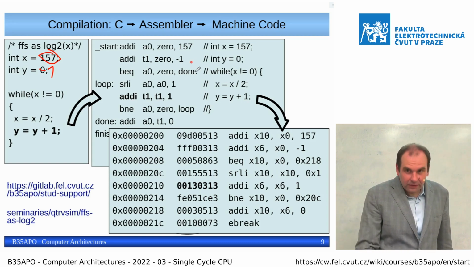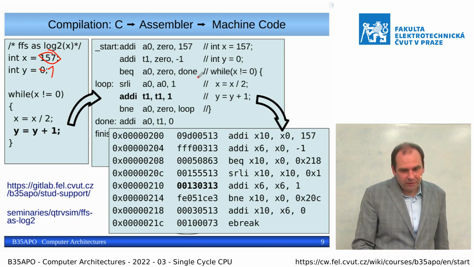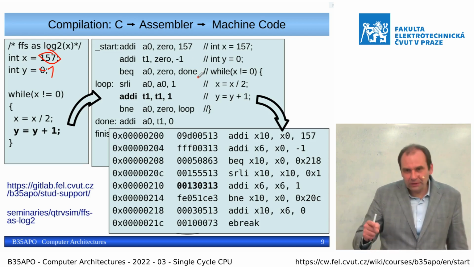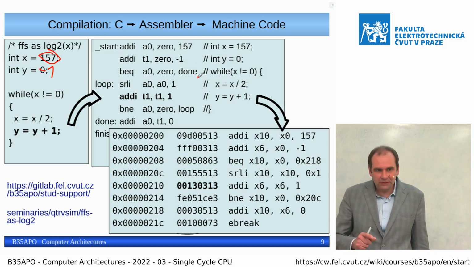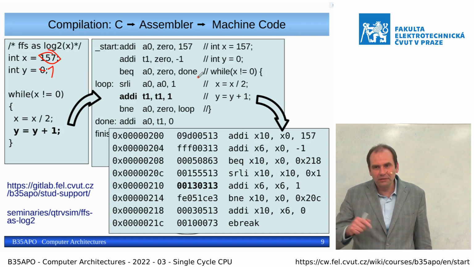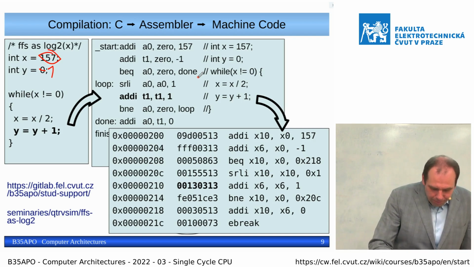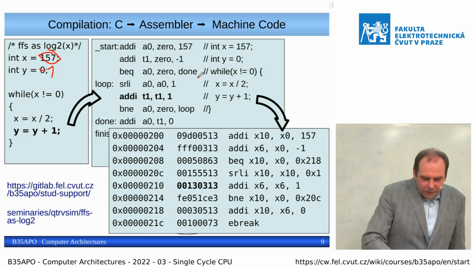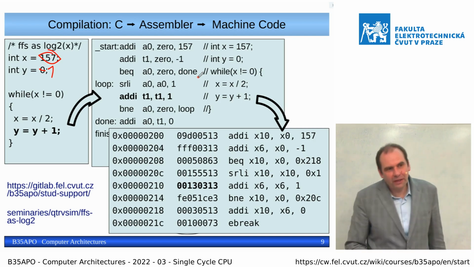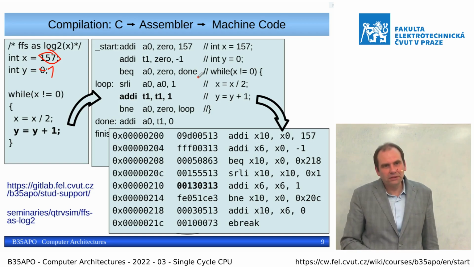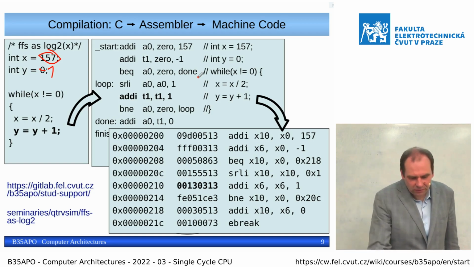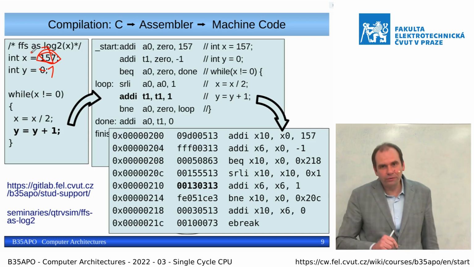Okay, 7. 2 power 7 is 128, and it is actually the biggest lower or equal value.